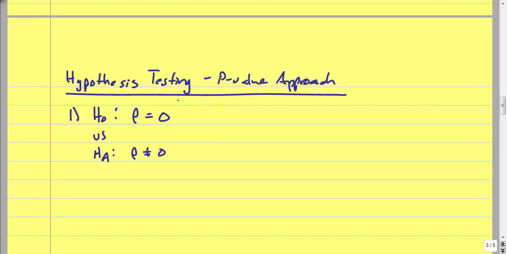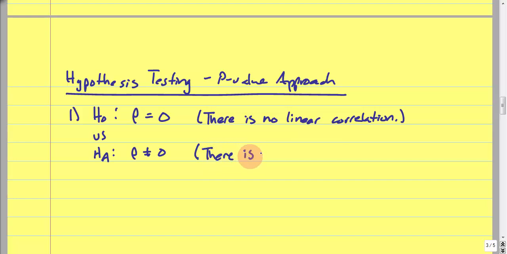Rho equals 0 is basically stating that there is not a linear correlation. And if rho does not equal 0, we would be trying to test to see if there is a linear correlation.